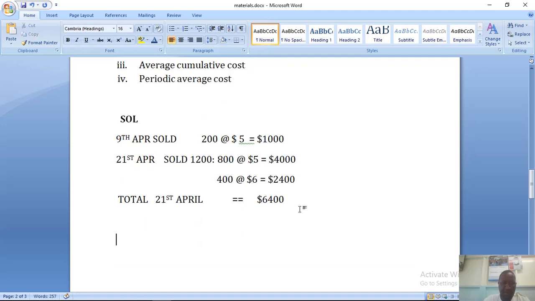So total cost of issues will be equal to $1,000 plus $6,400. This will be equal to $7,400. So that's the total cost of issue.